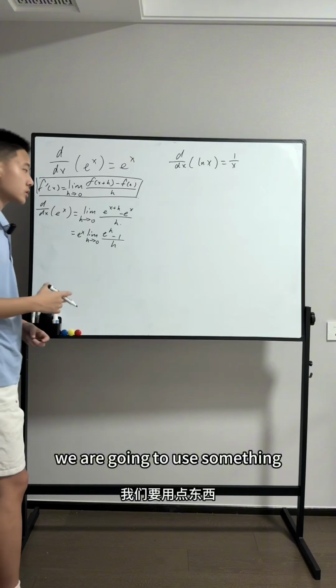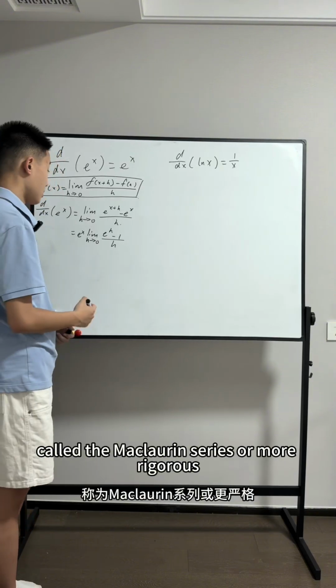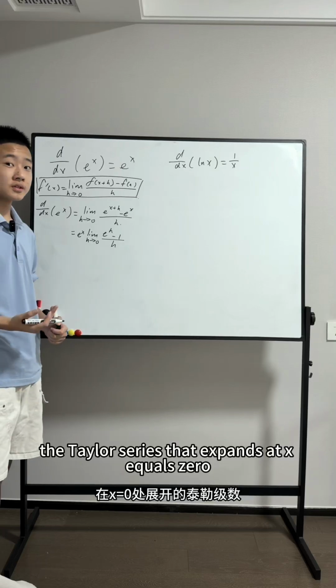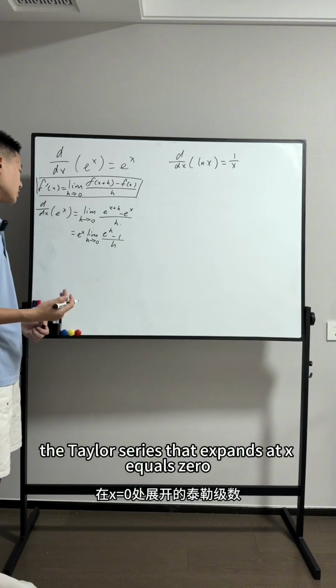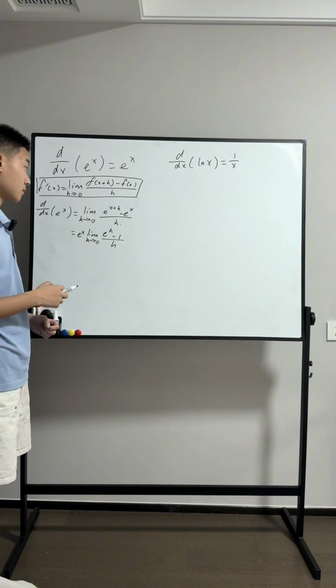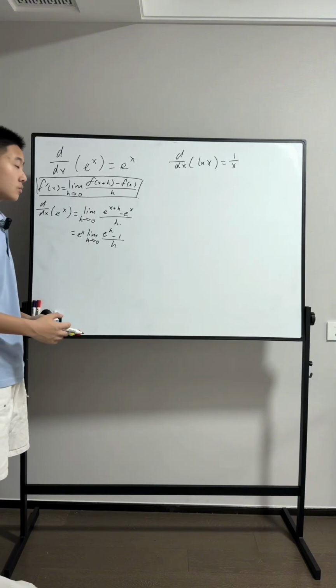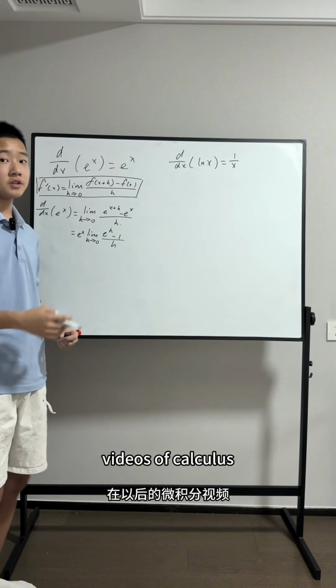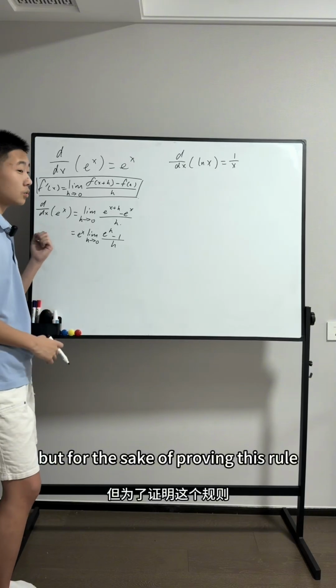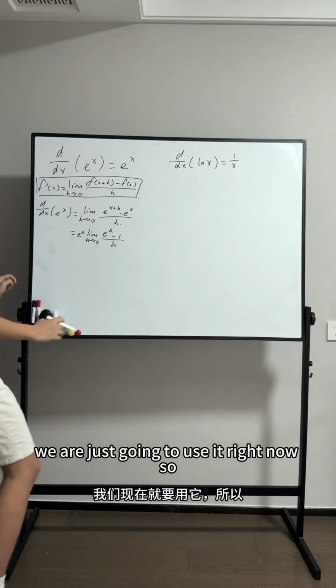We are going to use something called the Maclaurin series, or more rigorously, the Taylor series expanded at x equals 0. This is a much more advanced study of calculus, which we are going to cover in later videos. But for the sake of proving this rule, we are just going to use it right now.